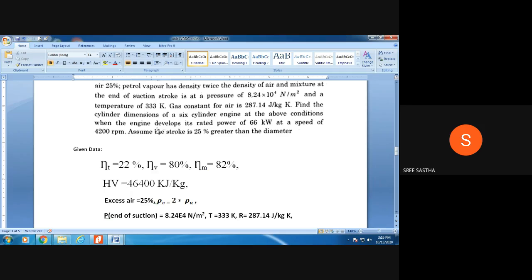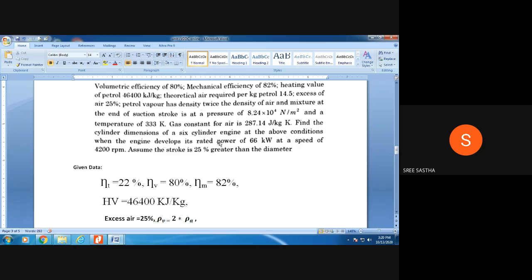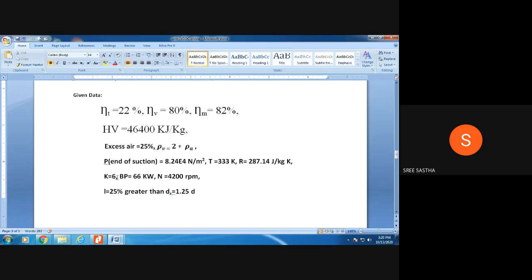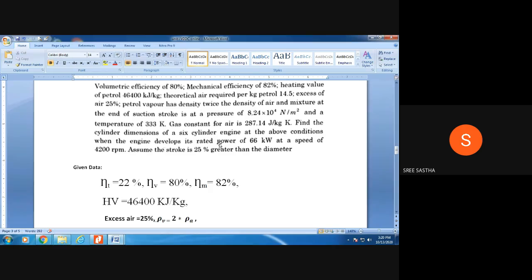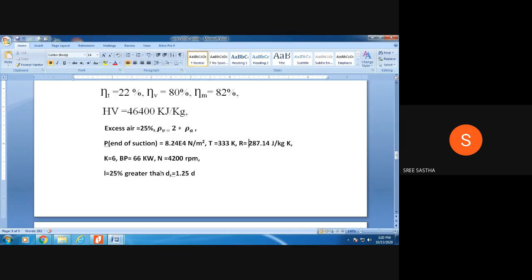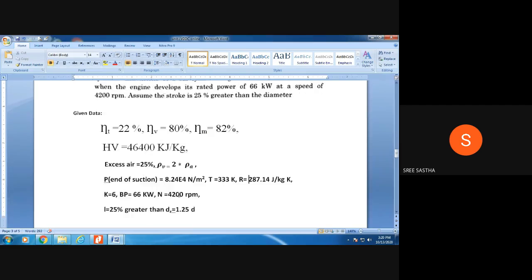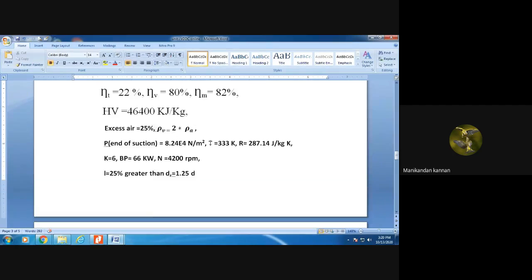Cylinder dimension means bore and stroke. The number of cylinders is 6. See, capital K is 6. Brake power is 66 kilowatt. Speed is 4200 rpm.